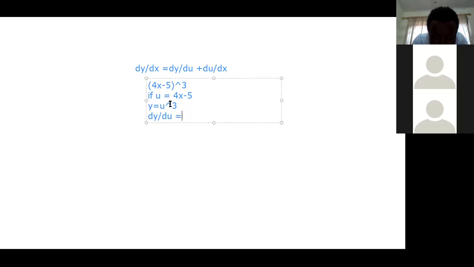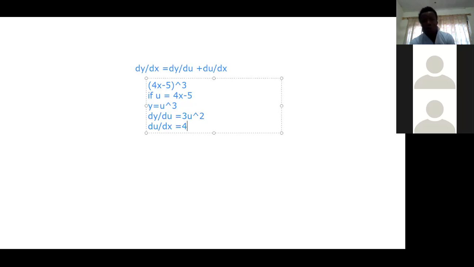So we are differentiating u cubed, and I'm going to get 3u raised to the power 2. Then from there we find du/dx. What is our u? This is our u, 4x minus 5, so I'm going to get only 4.